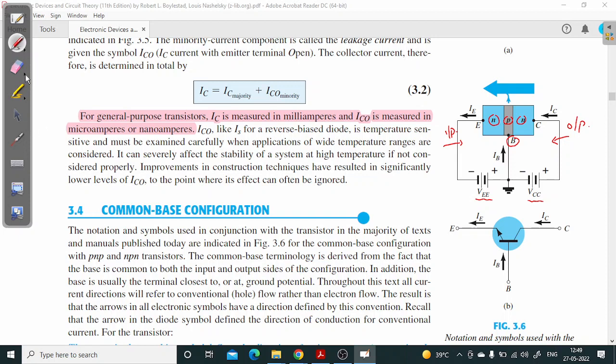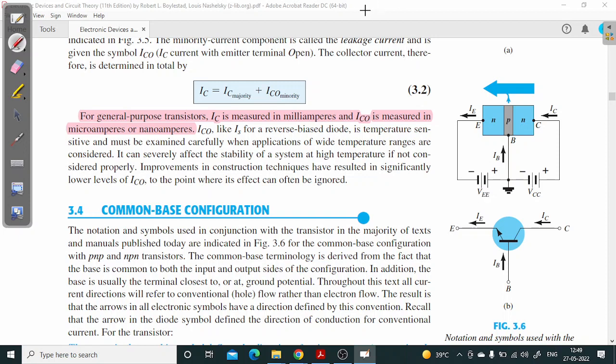So now look at this scenario for common base configuration. Now the thing is to analyze this circuit, to analyze this configuration.